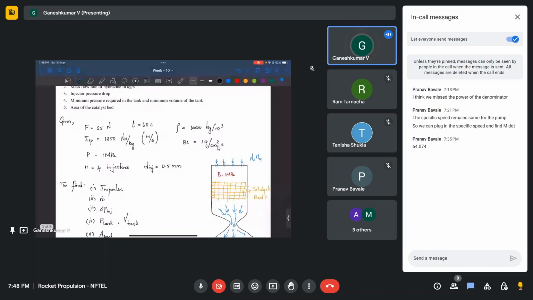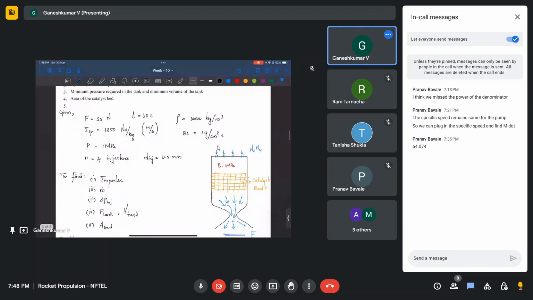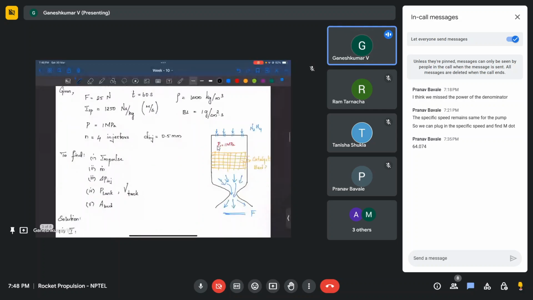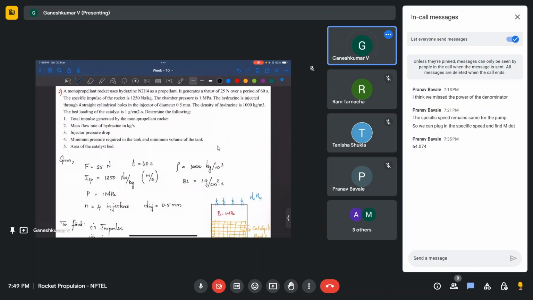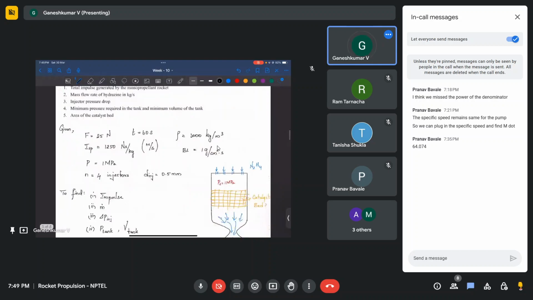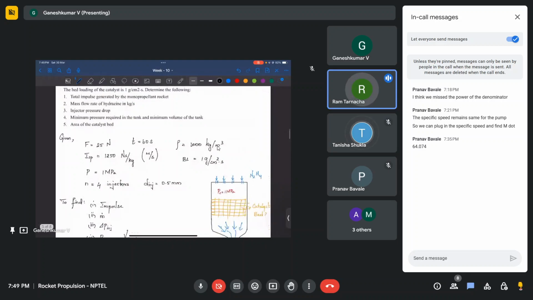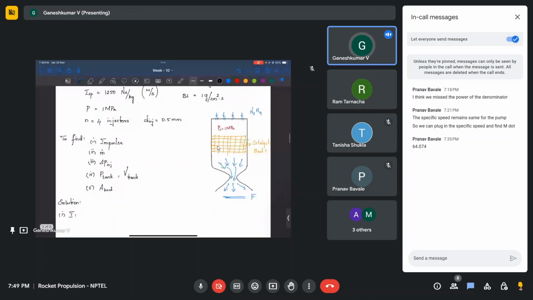We have to either use the specific impulse formula, or we need to use the thrust formula, right? Burn duration is also given. How do we find impulse? Yeah, just multiplied by time.